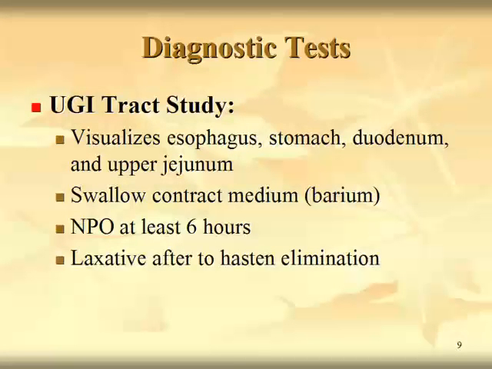These can help to diagnose esophageal varices, hiatal hernias, foreign bodies, polyps, tumors of the esophagus, or also tumors of the stomach or duodenal bulb. So they're very helpful to look at all those different kinds of disorders.